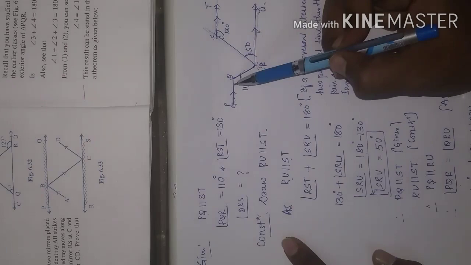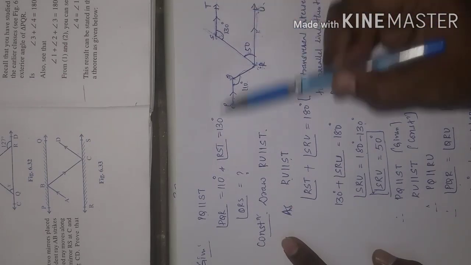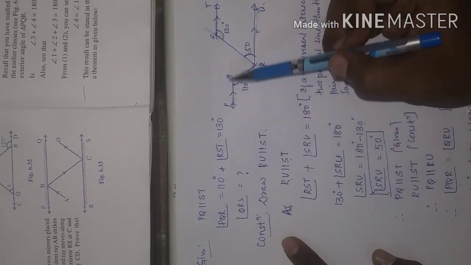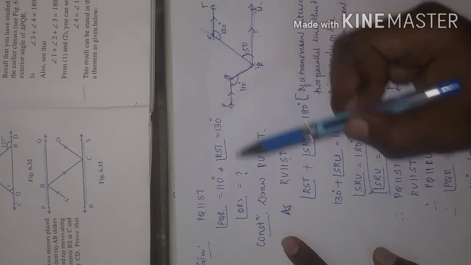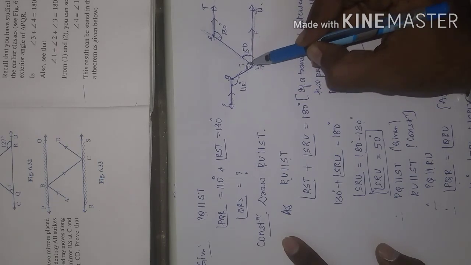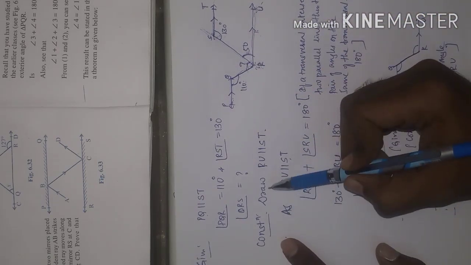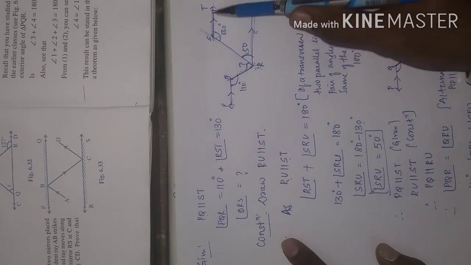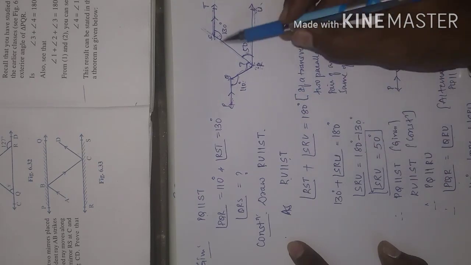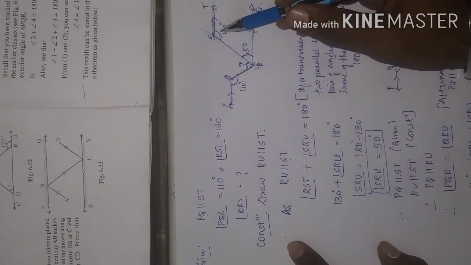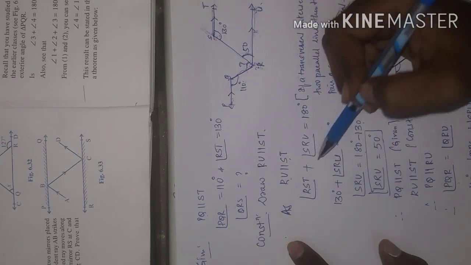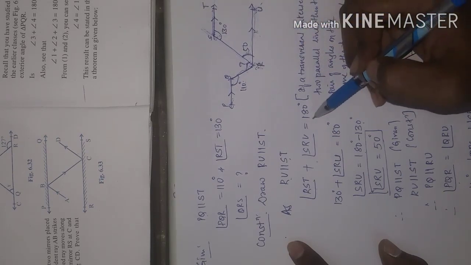As PQ is parallel to ST, this is given, and PQR is equal to 110 degrees and RST is equal to 130 degrees, and we have to find what? Angle QRS. We keep it as a question mark here. Draw RU parallel to ST. As RU is parallel to ST, angles on the same side of the transversal line will make 180 degrees. So RST plus SRU is equal to 180 degrees.